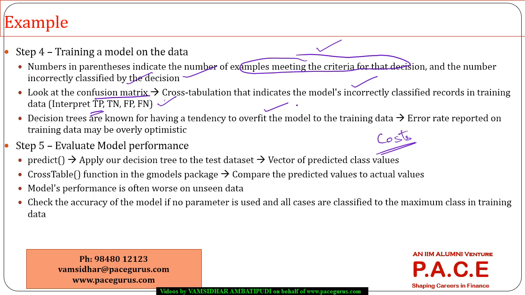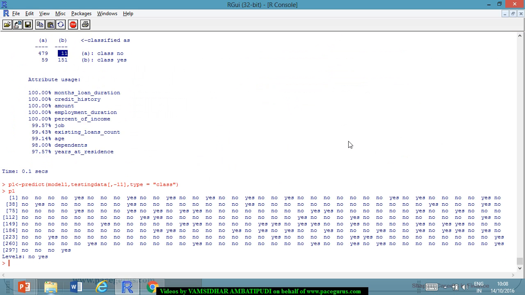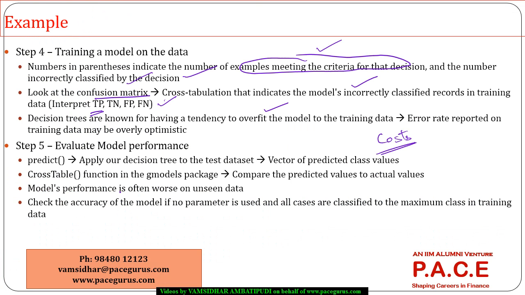So it's better that I do this testing on the test data so that I get a much better report. That's the reason we have done the prediction of this model on the testing data using predict. So we got the vector of the predicted values.